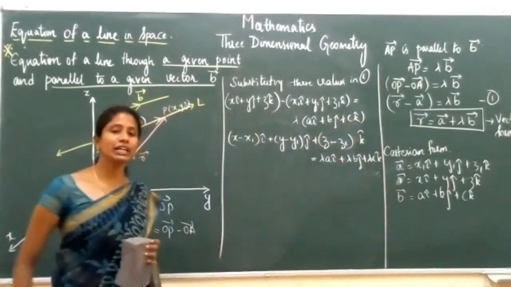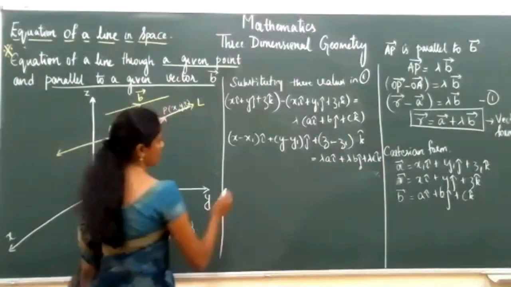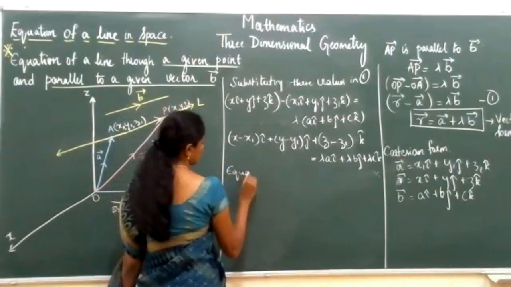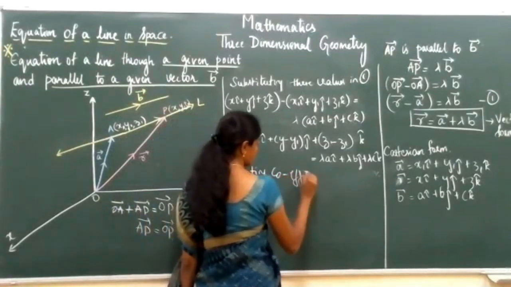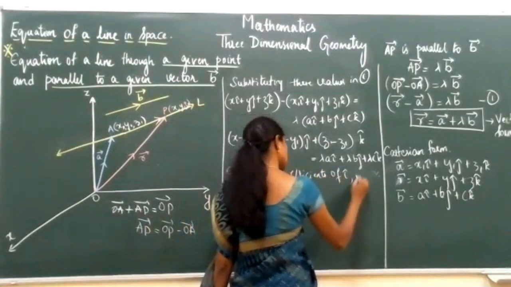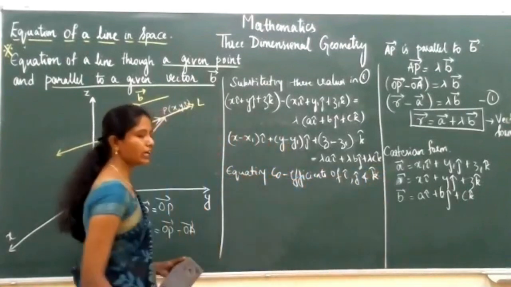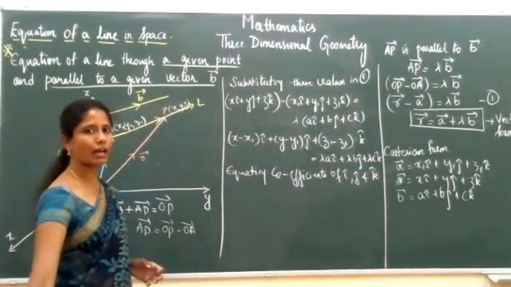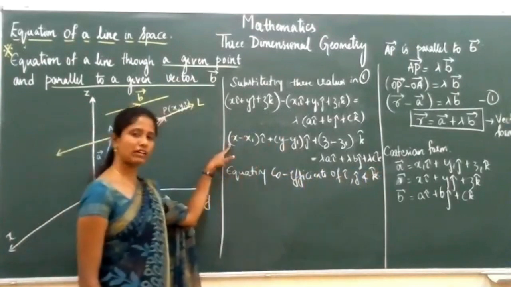Now I am going to equate the coefficients of i cap, j cap and k cap. Therefore, if I equate the coefficients of i cap, j cap and k cap, see here what is the coefficient of i cap on the left hand side?